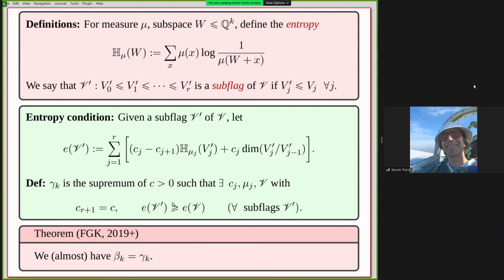It's a technical issue that we haven't found a good workaround for yet. But morally speaking, gamma k and gamma k tilde should be the same. So this, we think, is the truth, and we almost have a proof.